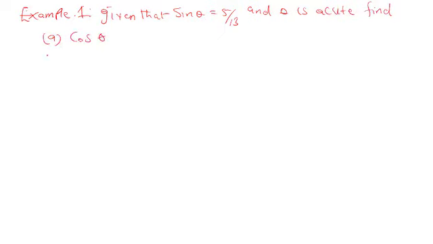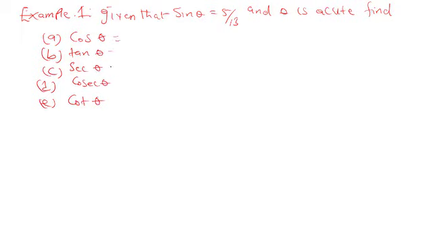Given that sine theta is equal to 5 over 13 and theta is acute, find A, the value of cos theta, B, the value of tan theta, C, the value of sec theta, D, the value of cosec theta, and E, the value of cot theta.